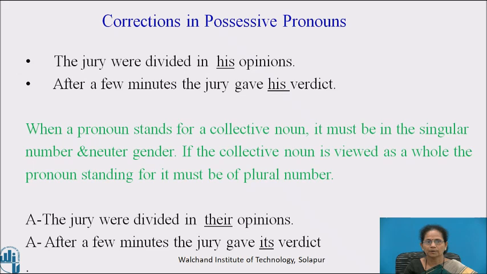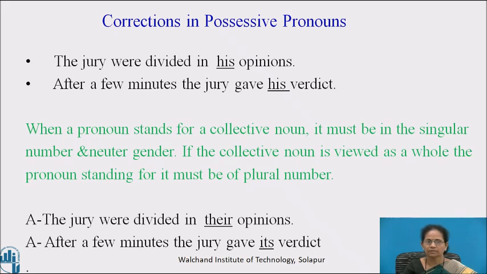Now let us discuss some of the corrections in pronouns. See the example: the jury were divided in his opinions, and after a few minutes the jury gave his verdict. It is a rule that when a pronoun stands for a collective noun, it must be in the singular number and neuter gender.